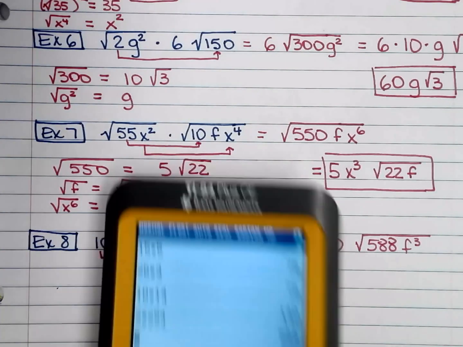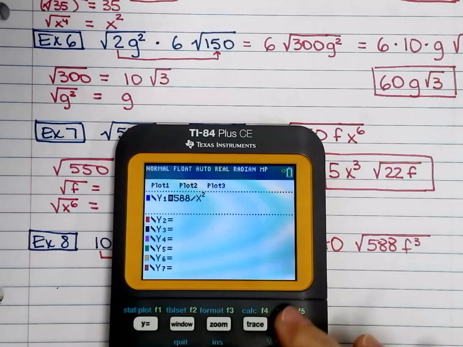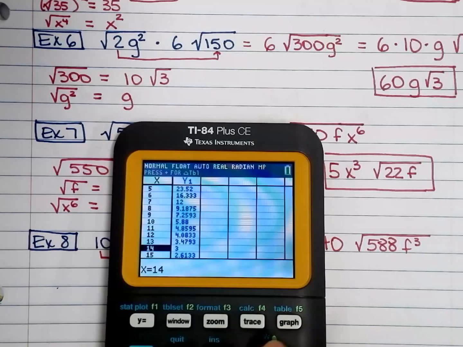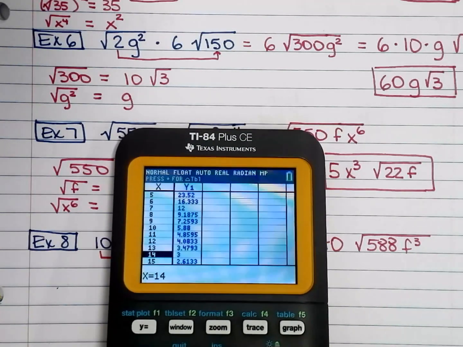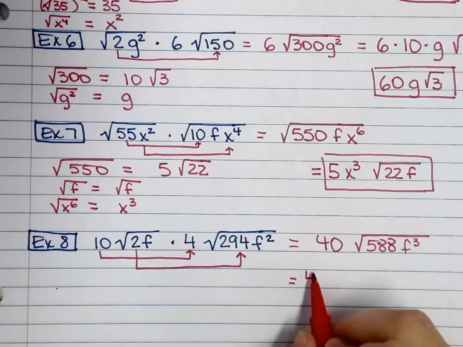Okay. So let's see if we can simplify that 588. I can simplify 588 with 14 square root of 3 right there.